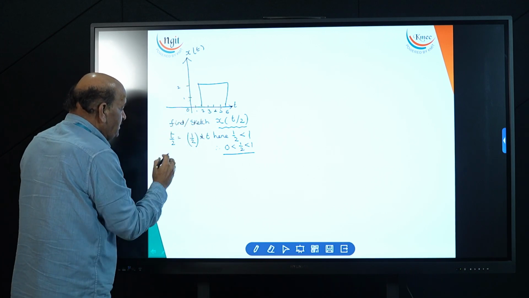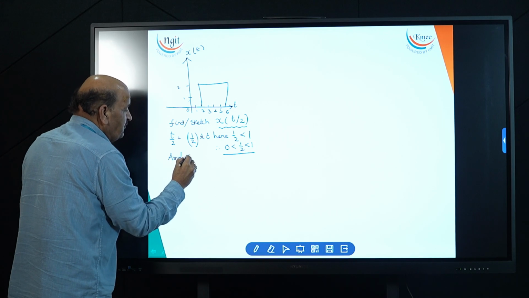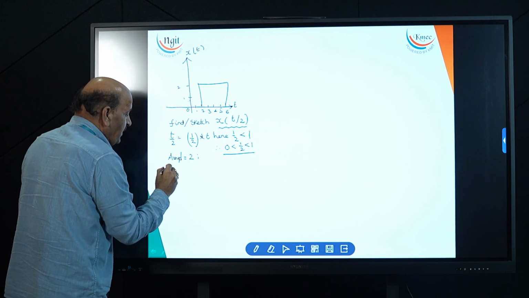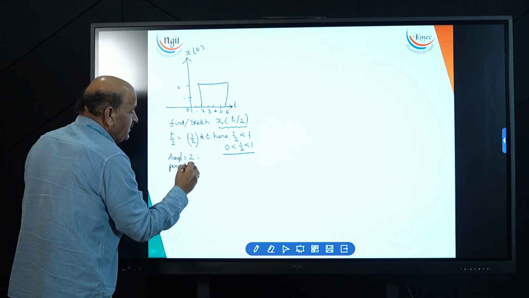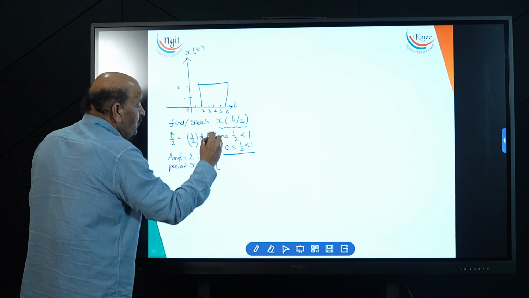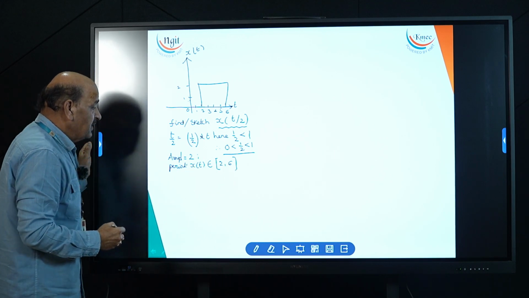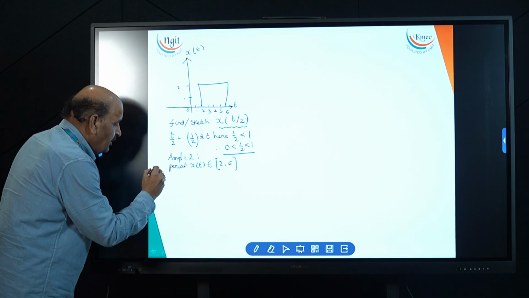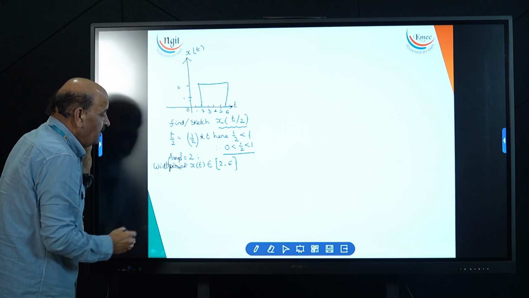Now, what is to be done first? What is the amplitude? Amplitude is equal to 2. Next, what is the period or width? The width of x of t is 2 to 6. This is the width, so use the word width.